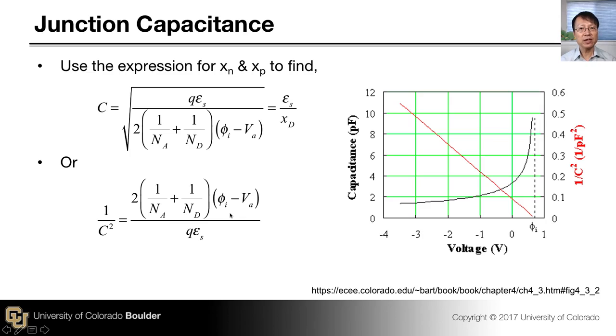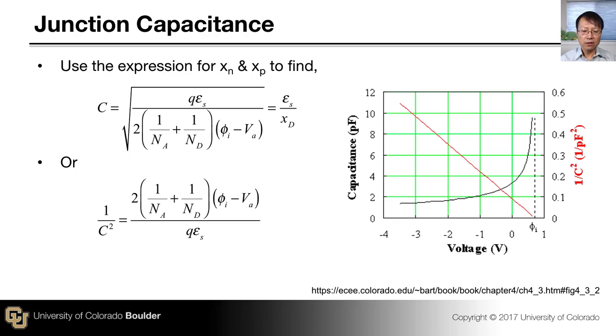So this is a very standard technique. Capacitance-voltage characteristics is a standard technique used to characterize semiconductor materials and diodes, and is commonly used to determine the built-in voltage and the doping density.